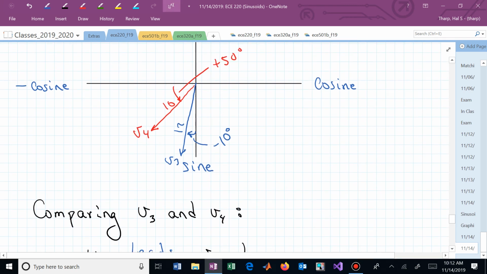V sub 3, you could sort of say, is 80 degrees ahead of the negative cosine axis, and V sub 4 is 50 ahead of that. So V sub 3 is 30 degrees ahead of V sub 4.